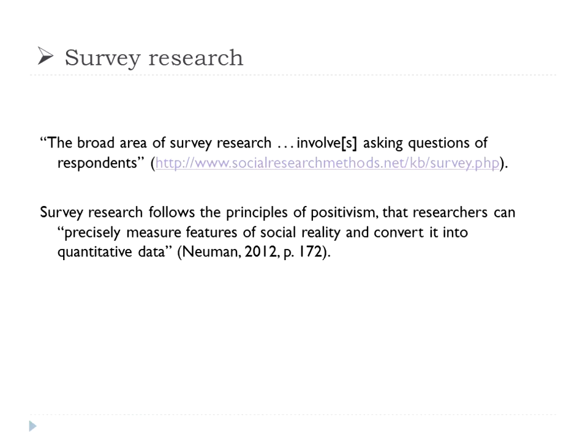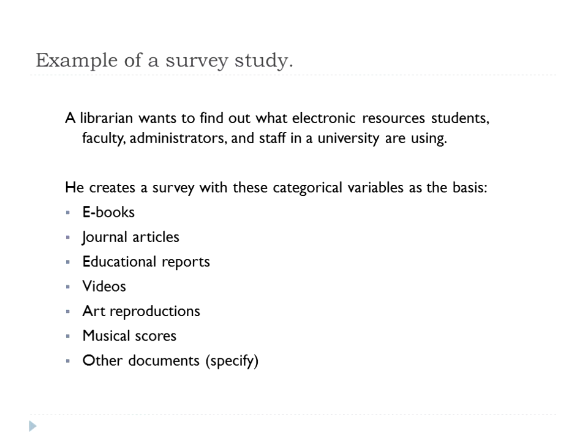Newman says survey research follows the principles of positivism, that researchers can precisely measure features of social reality and convert it into quantitative data. So Newman is looking at survey research from a purely quantitative perspective. However, there's survey research out there that's done on a qualitative level.